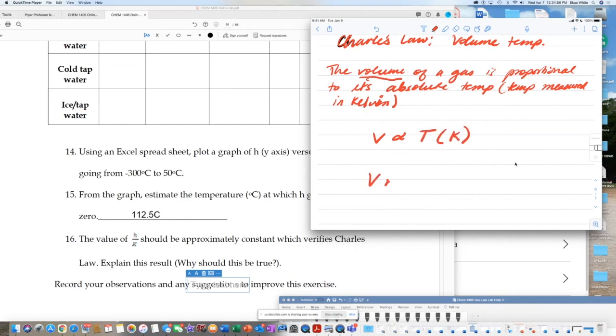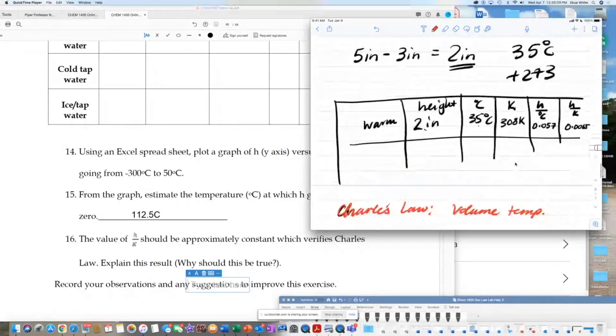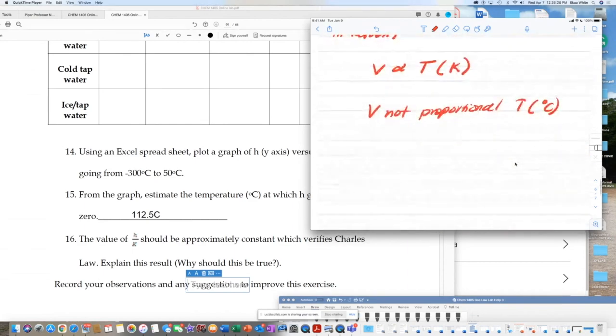The volume of the gas is not proportional to temperature measured in degrees Celsius. Okay, we get that. But then when we look at this here, we measured height, not volume.